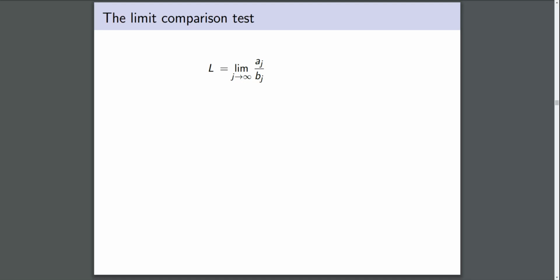Here's the setup for the limit comparison test. Remember, for a convergent comparison series, the familiar series goes on the bottom and the new series goes on the top. I put in the formulas for those two series here in the fraction. Our familiar series is 1 over j cubed.